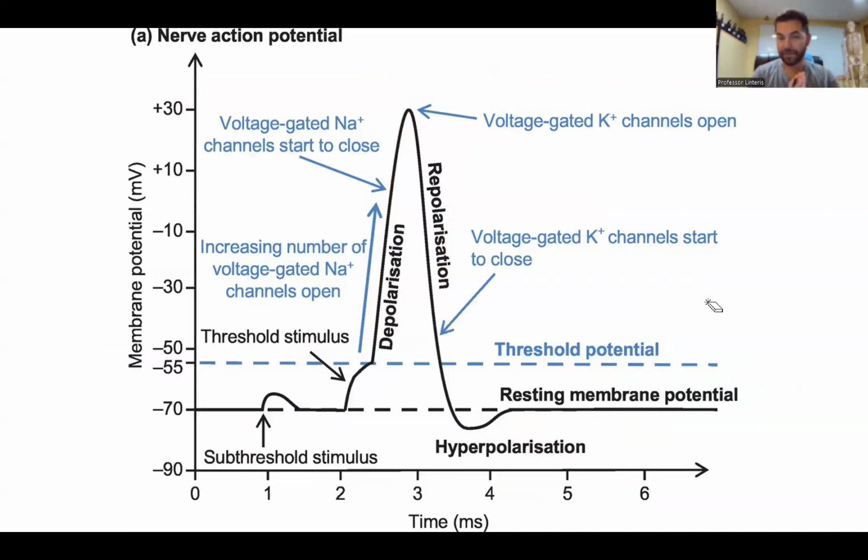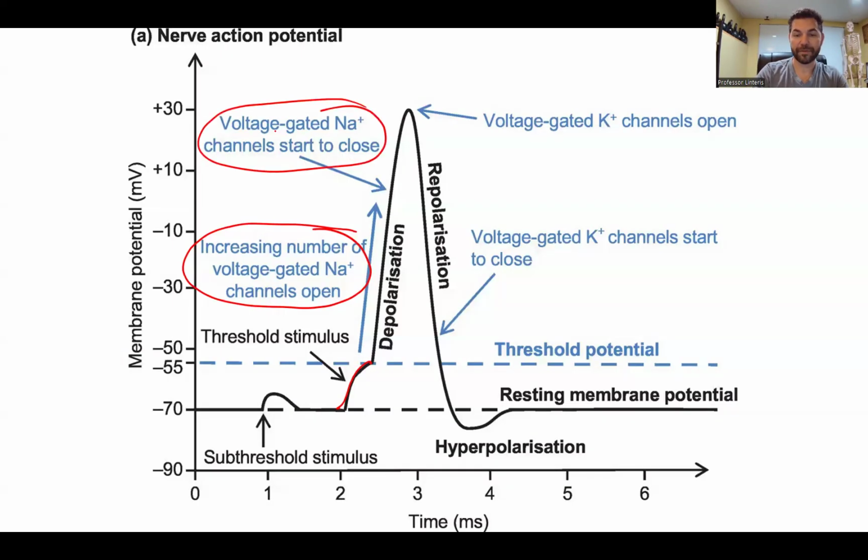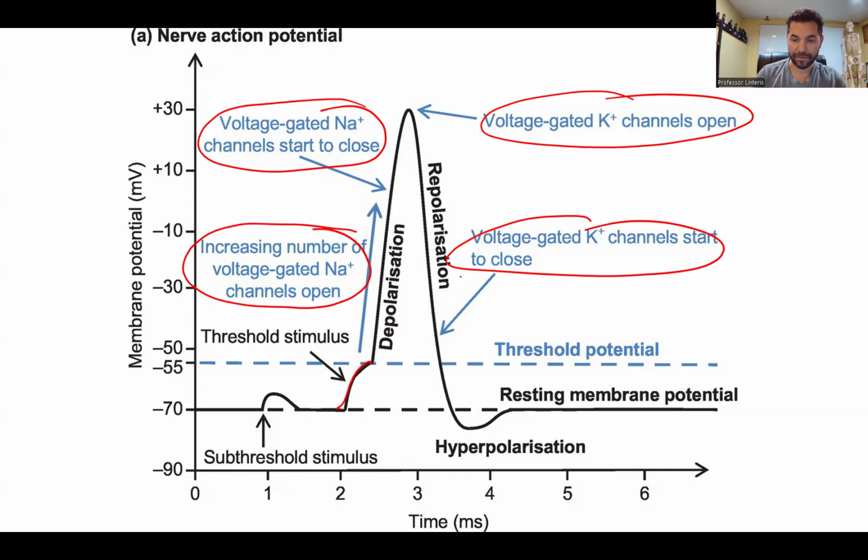This tells you exactly what's going on as far as the channels, right? So we reach threshold here, right? Voltage gated sodium ion channels open, right? Start to close. Voltage gated potassium channels open. Then they start to close.